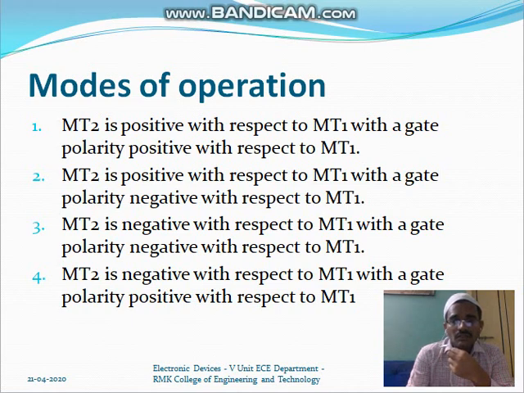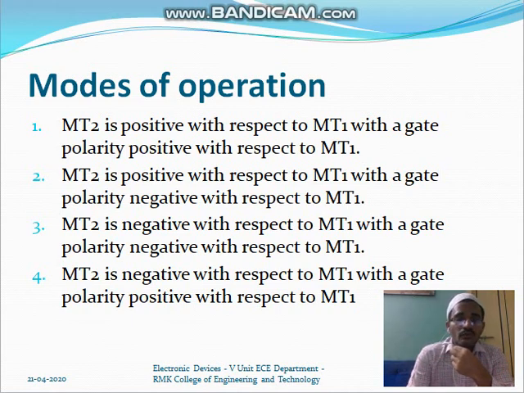In the third mode MT2 is negative with respect to MT1 and the gate is negative here. In the fourth mode MT2 is negative with respect to MT1, only the difference is the gate is positive polarity with MT1. Now here we have four modes of operation.